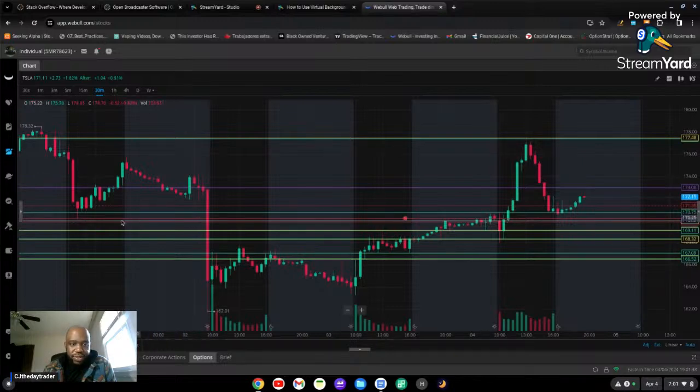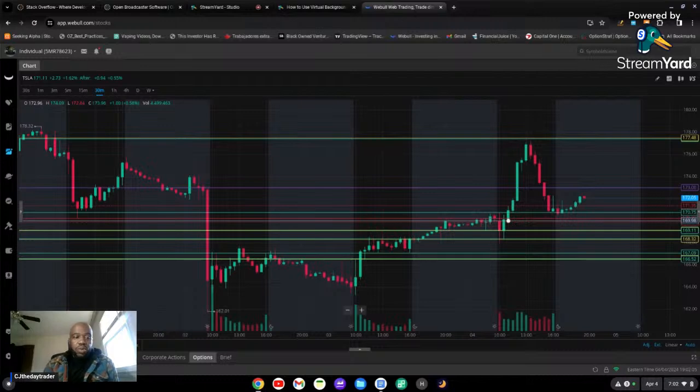Also, white lines on this chart represent whole numbers because stocks are known to gravitate toward whole numbers. So if it's the 180 level, then you might want to look out for price movement at 180 more so than at 180.4 or 180.6, because it's not a whole number, that's a decimal.